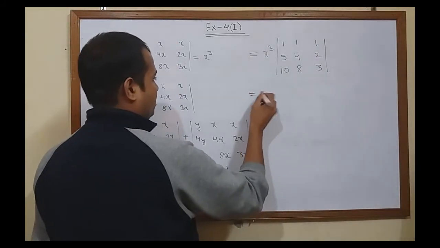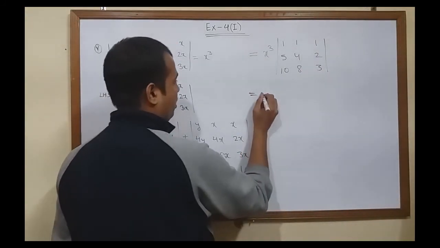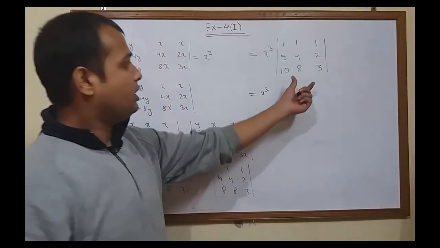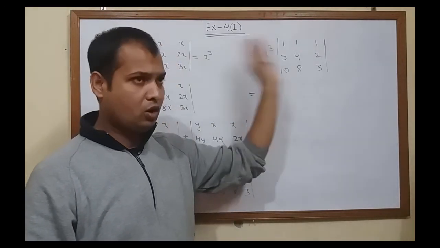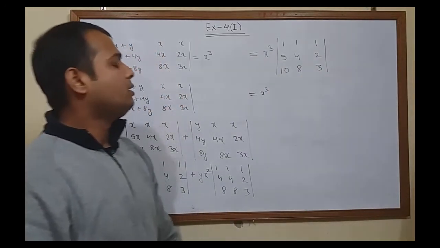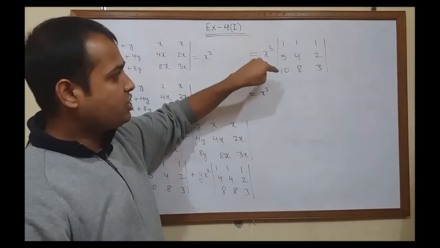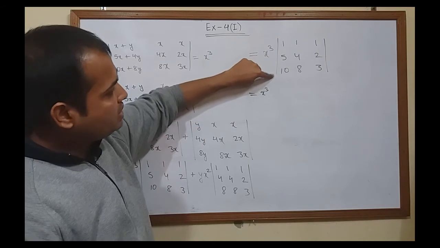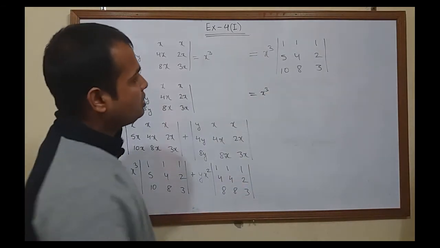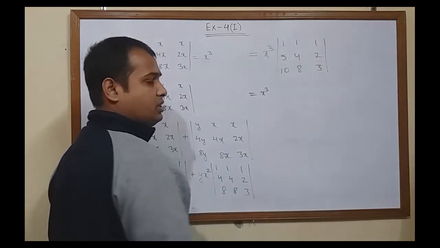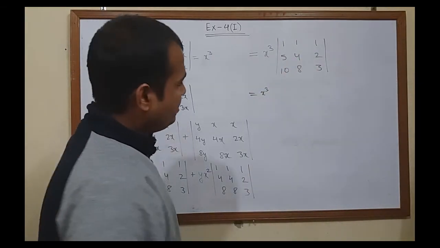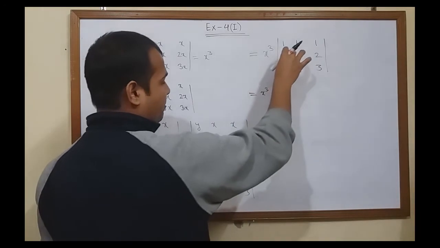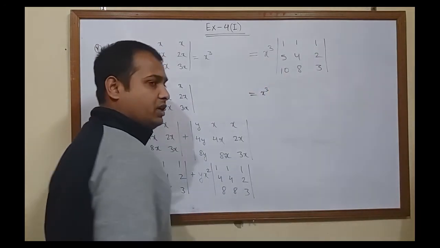Now I know that you all can solve this by expanding either along rows or columns, but I don't want you to expand it right now. We can simplify it further, because in the first row each element is 1 1 1. So I can make at least two elements over here 0.